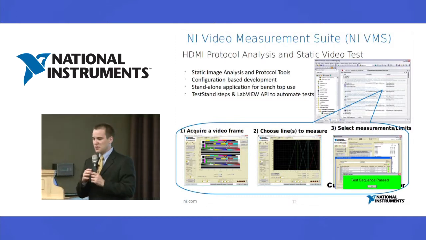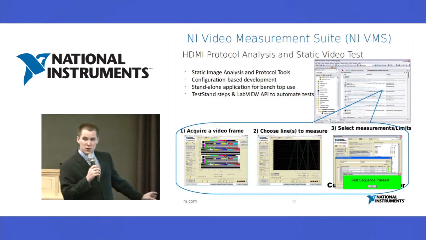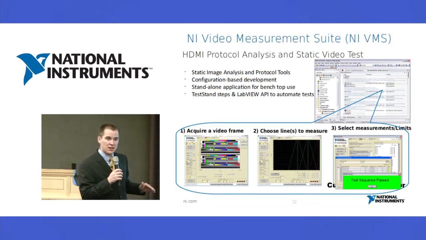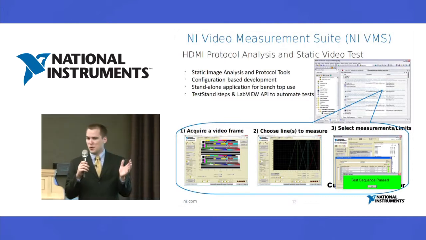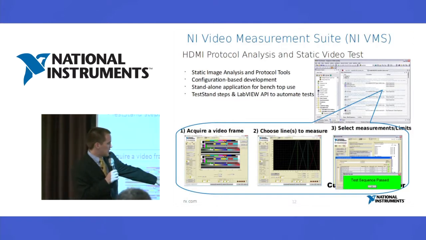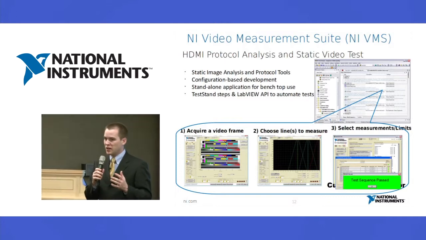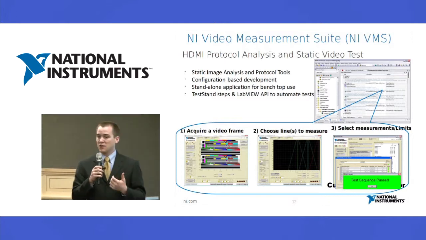So we have Test Stand steps. And to back out into Video Measurement Suite, the idea is you acquire a video frame, you pick the horizontal line that you want to test, or in the case of InfoFrame, you say that you want to do an InfoFrame test. You can view the lines to measure here, and then you'll select the measurement that you want to take. You can set limits on it, and video measurement will give you a pass-fail.